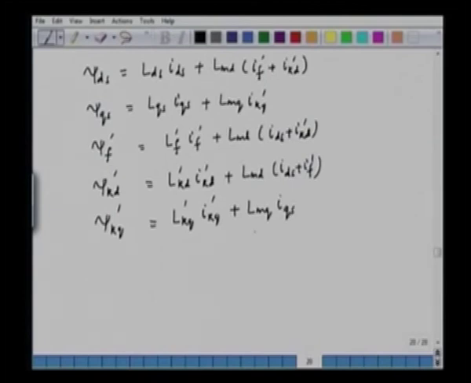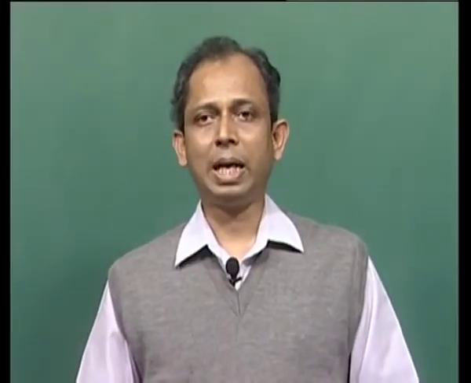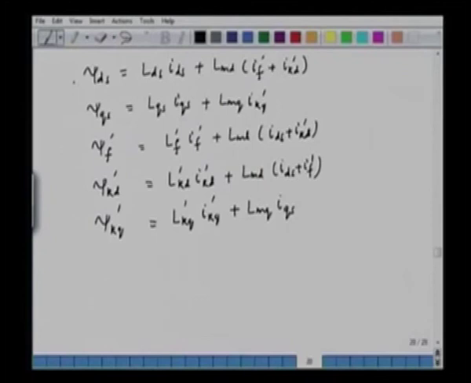So, these are the 5 flux linkages in the 5 windings, because we now have 5 windings: 2 windings in the stator, the D and Q windings, and 3 windings in the rotor, 2 windings in the D axis, the field winding and the damper winding in the D axis, and 1 winding in the Q axis, that is the Q axis damper. These are the 5 flux linkage equations, referred from the primary side.